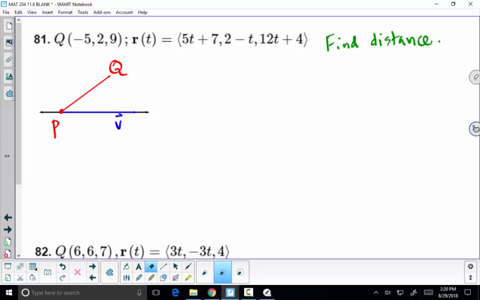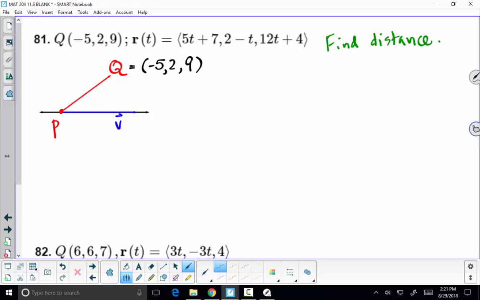And the middle one I changed the sign. It depends on which direction you subtract. If you do Q minus P, negative 5. That could affect it. All right, let's go through this one. It's a really big number.